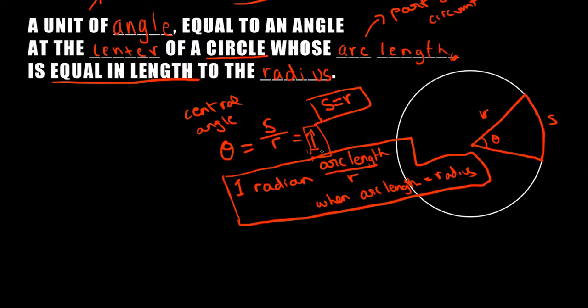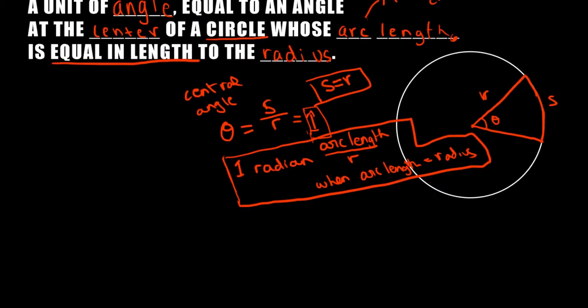But now, what if we wanted to find how many radians there were in the entire circle? So we know that the entire circumference of the circle is basically just a really big arc. If we were to take the entire circumference of the circle, we know that the circumference is equal to 2 pi r, right?